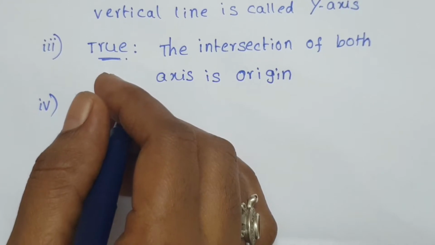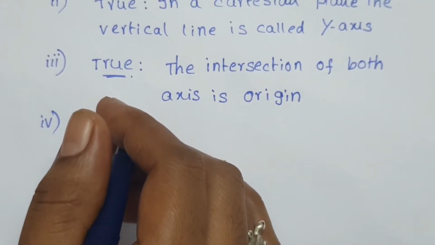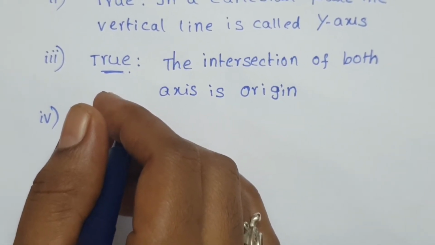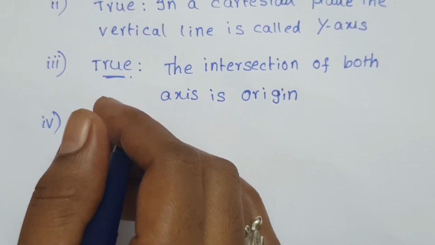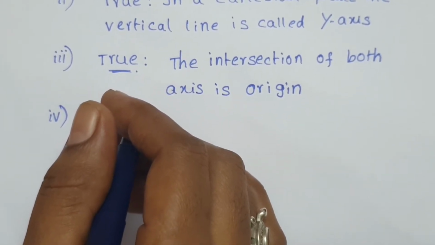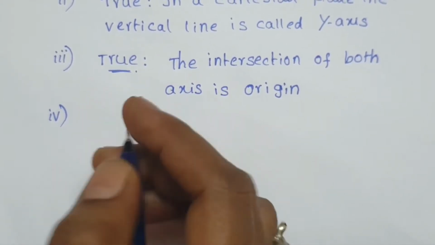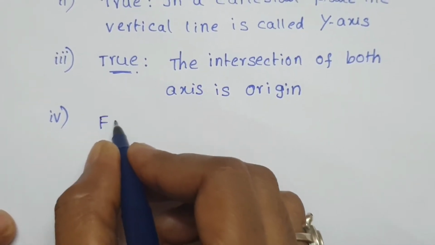Next, fourth question. The point (2, -3) lies in the third quadrant. So we know that x ordinate positive, y ordinate negative, that is called Q4, fourth quadrant. But they say third quadrant. Third quadrant means both are negative. So answer here, this is false.